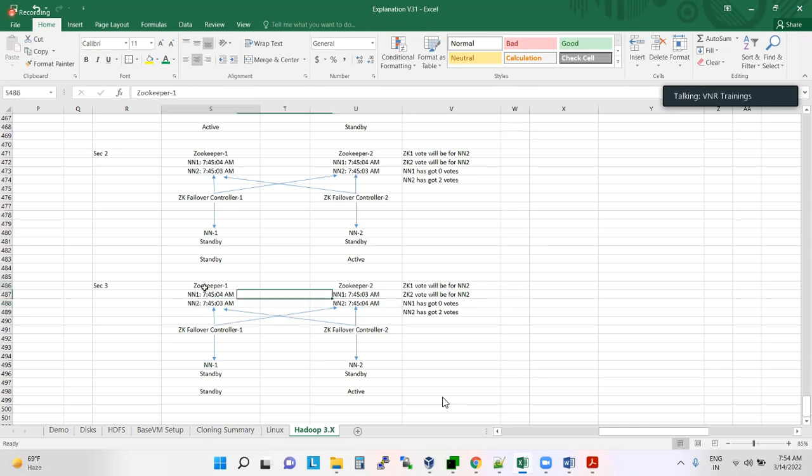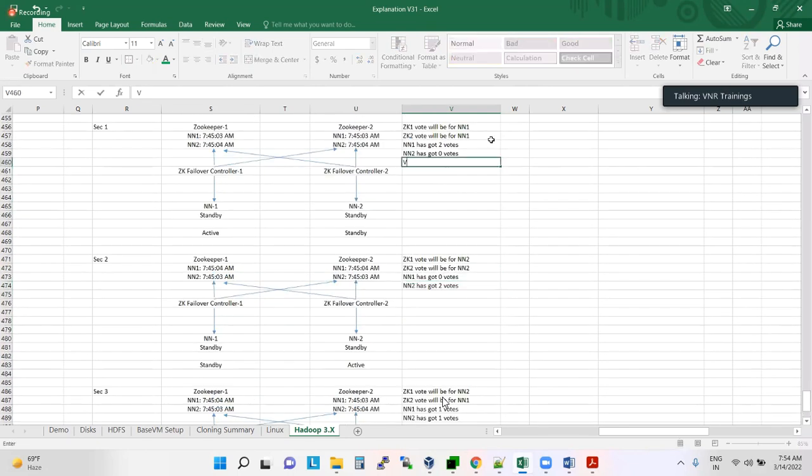As per zookeeper 1, to whom will zookeeper 1 vote? Name node 2. In this scenario, to whom will zookeeper 2 vote? Name node 1. So name node 1 has got how many votes? 1 vote. Name node 2 has got 1 vote. So this is a valid scenario.